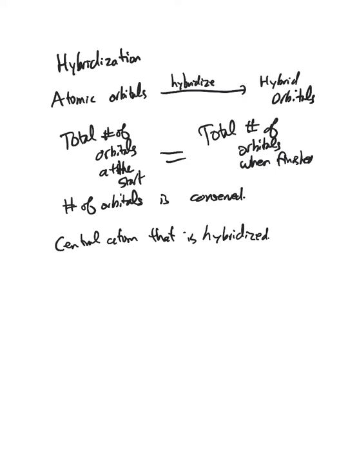So let's start out with a very simple molecule, beryllium hydride. Beryllium has a ground state electronic configuration of 1s2, 2s2. So it's only got 2 valence electrons. We have 2 hydrogens each with a valence electron.